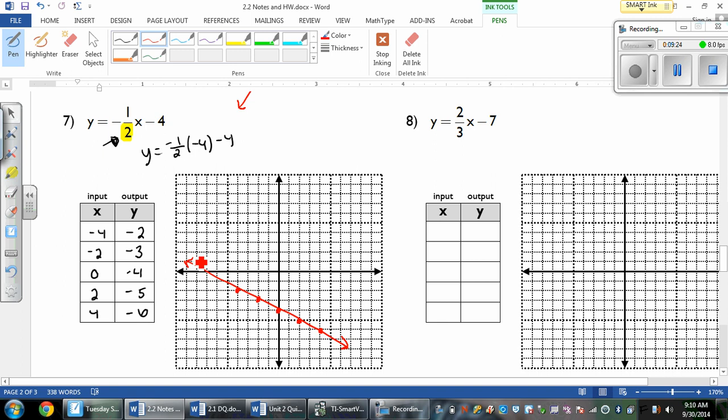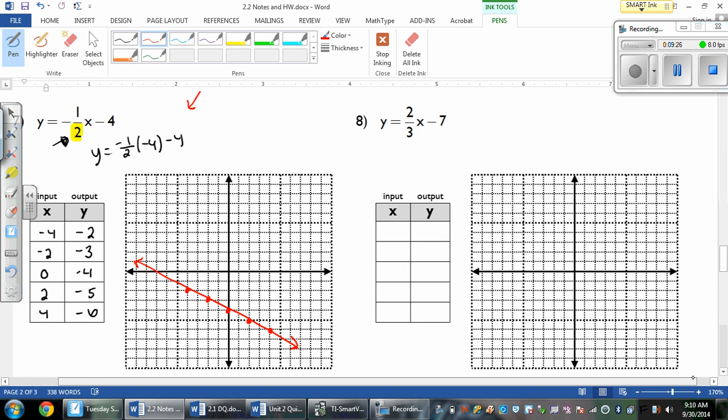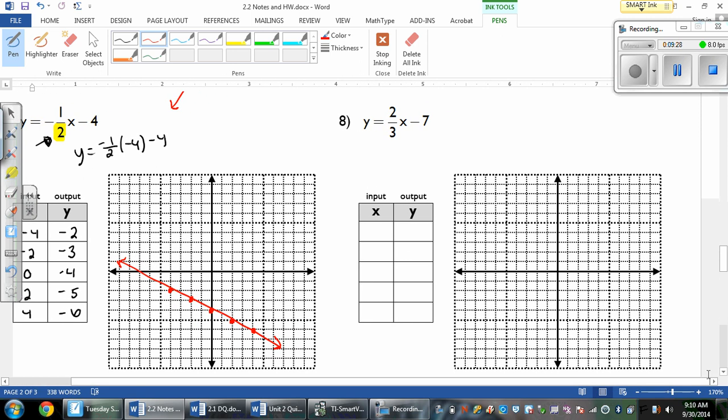Alright, last problem. Again, you see that you're dealing with a fraction, so to avoid decimals, you're just going to count by the number in the denominator, which is 3.